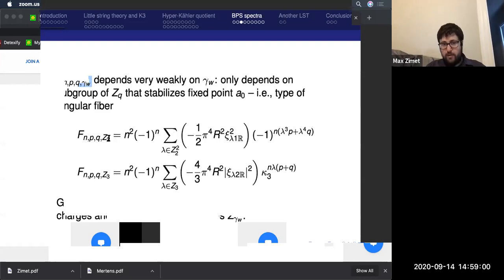If I have a Z2 stabilizer, that just corresponds to an I naught star singular fiber, or physically, the BPS spectrum is that of the SU(2) N_f = 4 CFT. Then you get this function where you have four different FI parameters, which I'm parameterizing in this way, which corresponds to the fact that the rank of Spin(8) is 4.